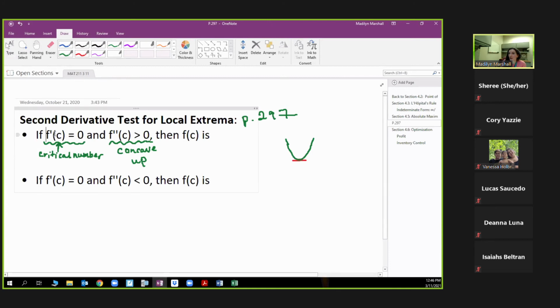So if f prime of c is 0 and f double prime of c is greater than 0, then f of c is a local minimum.